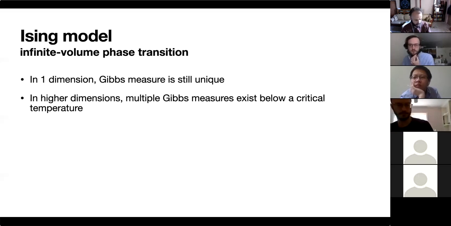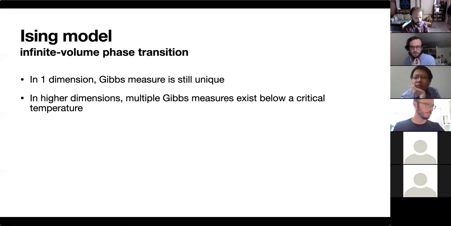Okay, and the other thing is that what you're looking for is that in the infinite system, we can have multiple equilibrium states, and that corresponds to a non-analyticity in the free energy function.